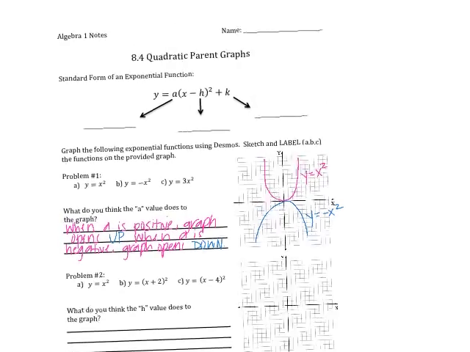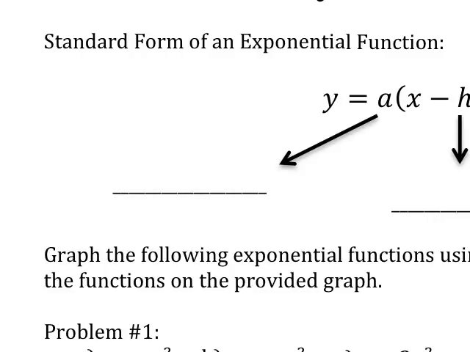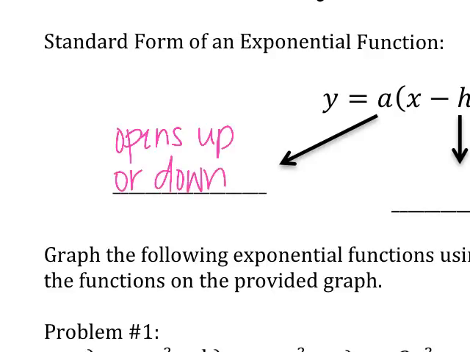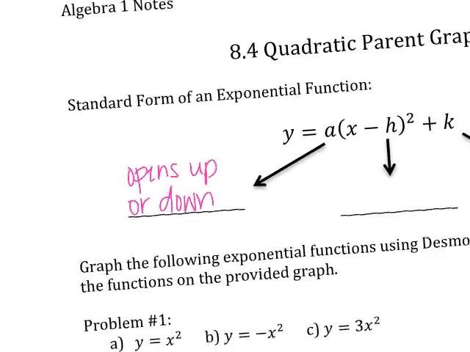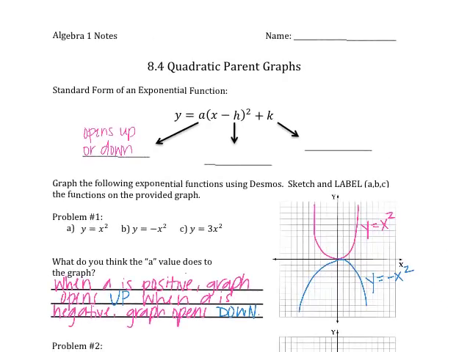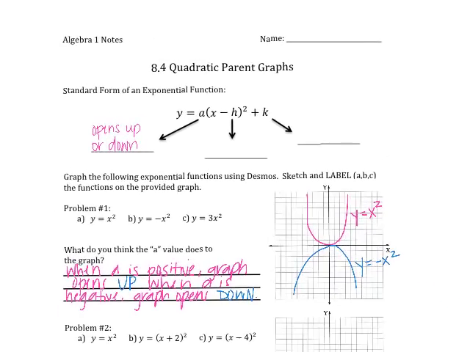All right, so now up here you can go to your A value and you can write opens up or down. Okay, so those blanks up there, you're just kind of filling in what that value tells you. So our A value tells us if the graph is going to open up or if it is going to open down. I just realized you guys can't see what I'm doing. Sorry.